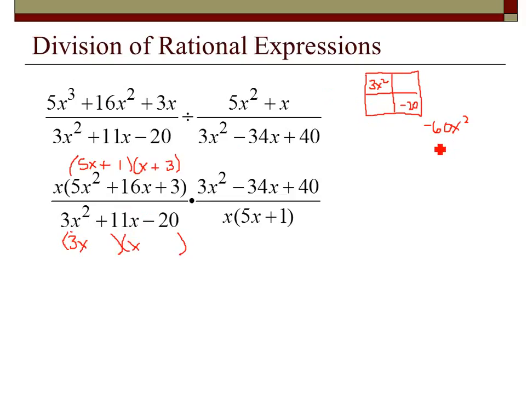Well, if you think about your terms, the one that's going to work is 15 times negative 4. Multiplying those two together will give me negative 60, but 15 plus negative 4 is going to give me 11. So I'm going to put 15x here, and I'll put negative 4x here.